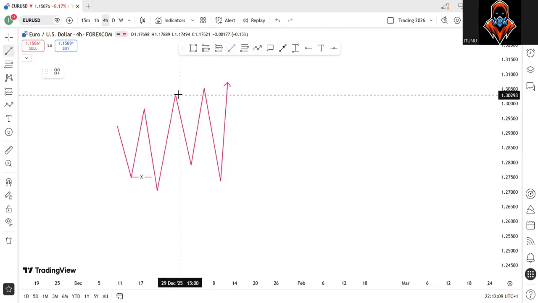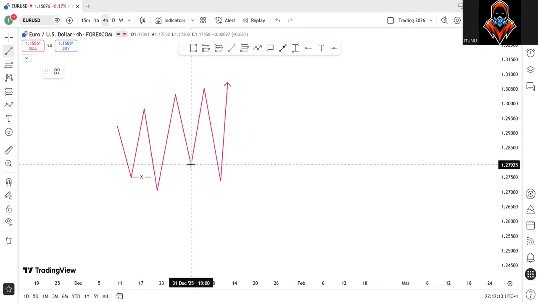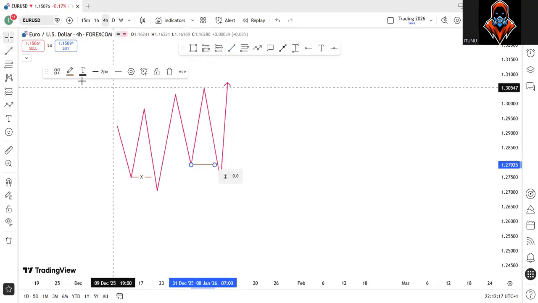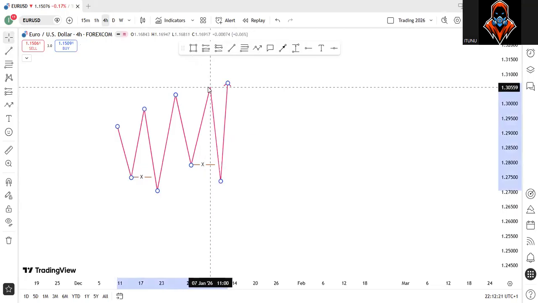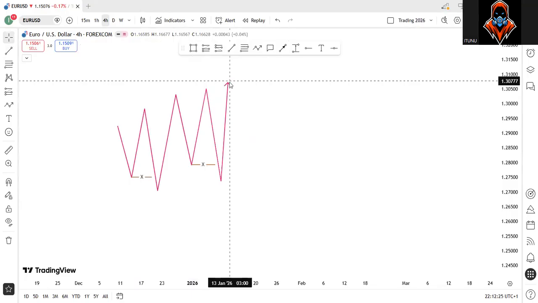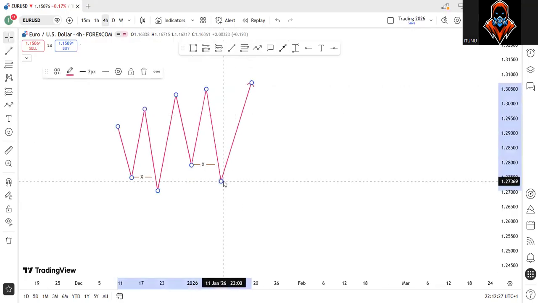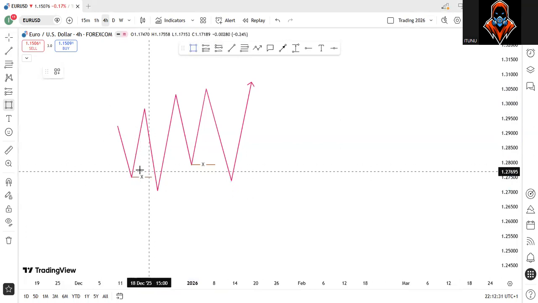Then after a sweep, we want the market to take out the previous structure, then pause and create another sweep, taking out this high again. Then this would be our entry. Our entry would be here.